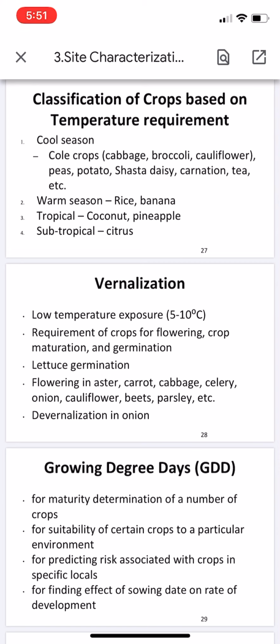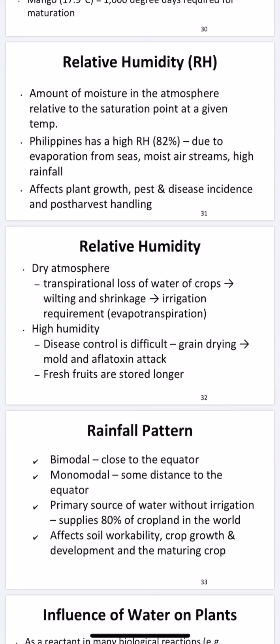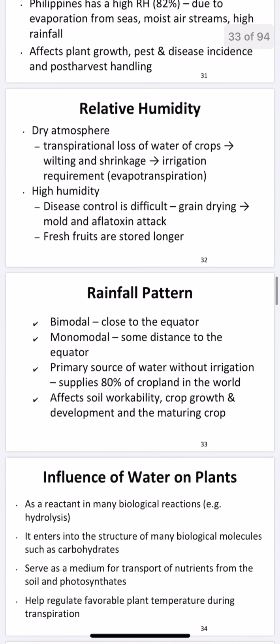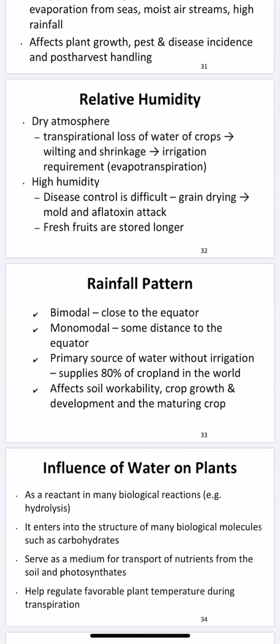Plant growth is better, but pest and disease incidence is also high. When you have high RH, post-harvest handling can be good or bad, no? You have enough moisture to preserve the commodities, but pest and disease incidence is also high.